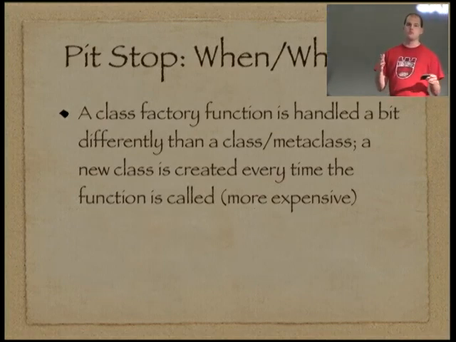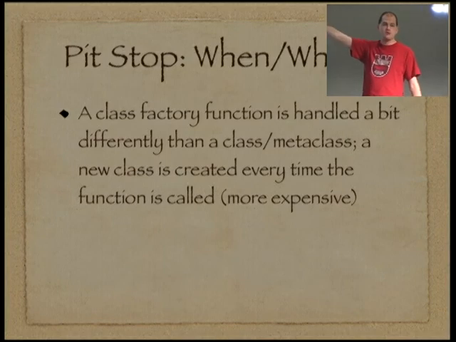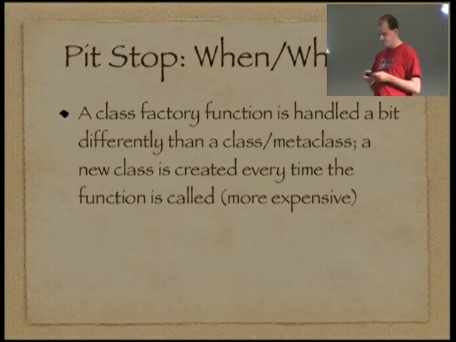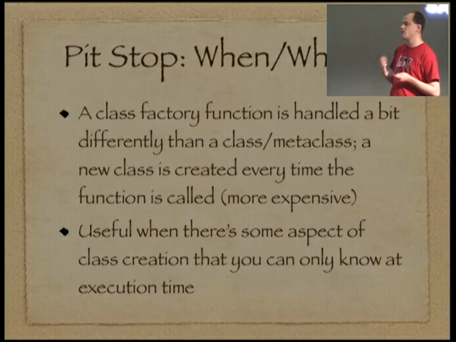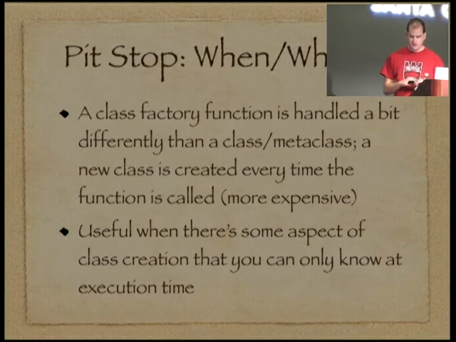You might have some behavior that doesn't work exactly like you expect. If you created that new Cat class and made two different instances, that kingdom mammal thing that you would expect to be related wouldn't be, because they would in fact be two different classes with the same name. But it's often a very useful tool when there's some aspect of class creation that you can't know until execution time. And there are needs for this.